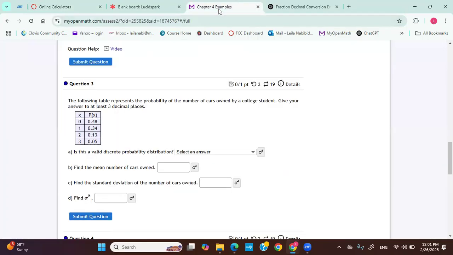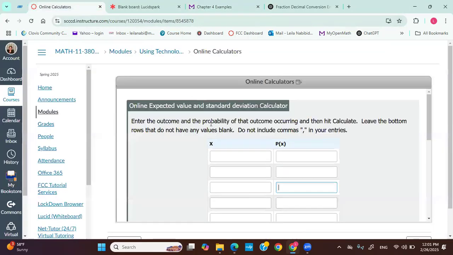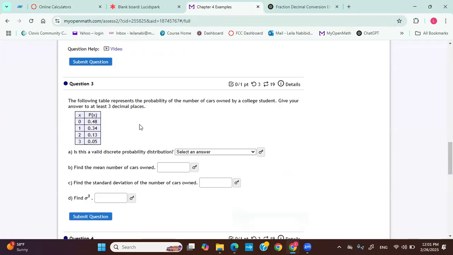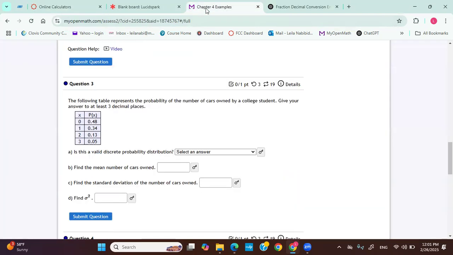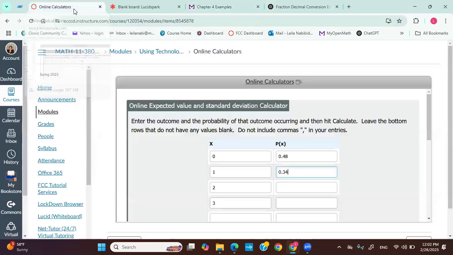Okay. So 0, 1, 2, 3 are the x values. And 0.48, 0.34. I know on the exam you may not be able to copy the information, but you just write it down on your scratch paper, and then copy it into the online calculator. 0.13 and 0.05.